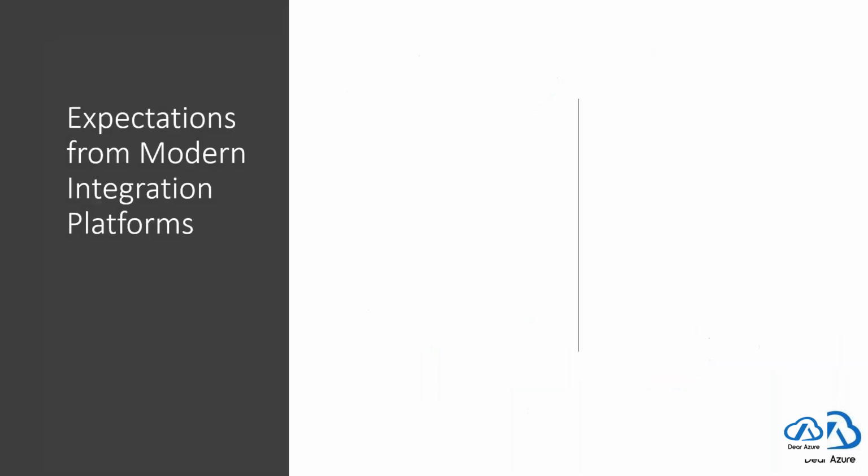Based on these needs of integration in a big organization, the following are the expectations one can have from modern integration platforms. The modern integration platform is supposed to have the ability to securely expose APIs to external and internal systems, because APIs today have become the norm in which organizations interact with each other.